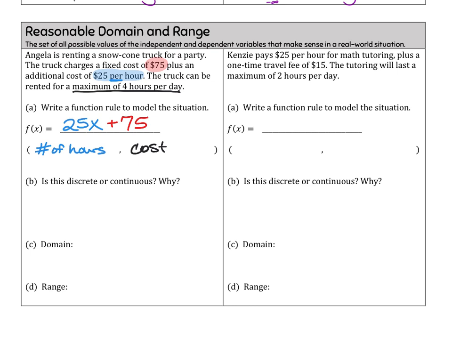If you turn it in 30 minutes early, they're still going to charge you for that full hour. If you keep it for an extra 10 minutes, they're still going to charge you for the full hour. That's how rent works. Kind of sucks. So since I can't charge half, I'd actually be counting this information, and it's discrete because you can't rent for a half hour. They're going to charge you the full hours.